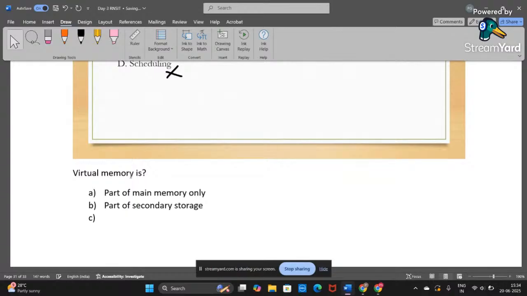Third one is illusion of having more memory. Fourth one is none of the above. So what is the answer for this?